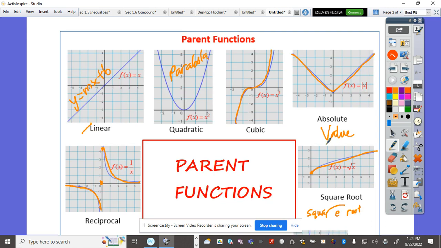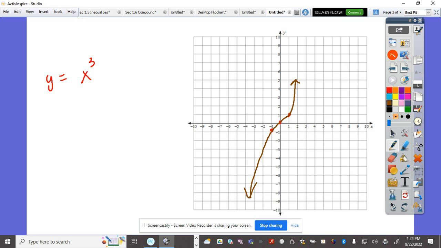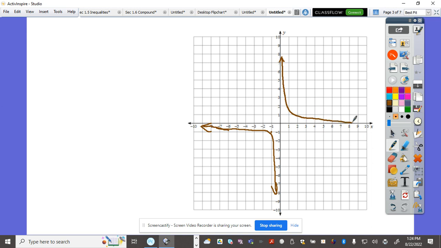I haven't done the reciprocal. For the reciprocal, the rational function, it gets closer to the asymptote of the y-axis, or x equals 0, and then you get the symmetrical on the other side. We will discuss that one in the previous chapters.